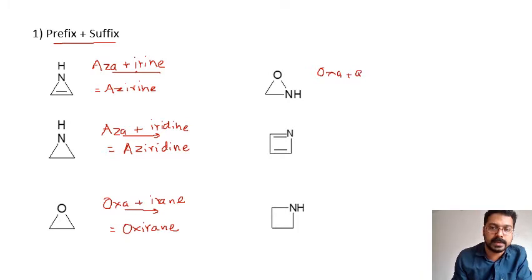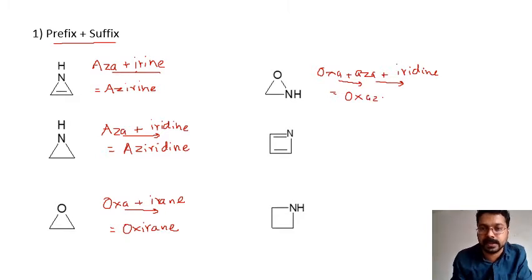Nitrogen is aza, and saturated with nitrogen is iridine. So the name is oxaziridine, oxaza plus iridine. The name will be oxaziridine.